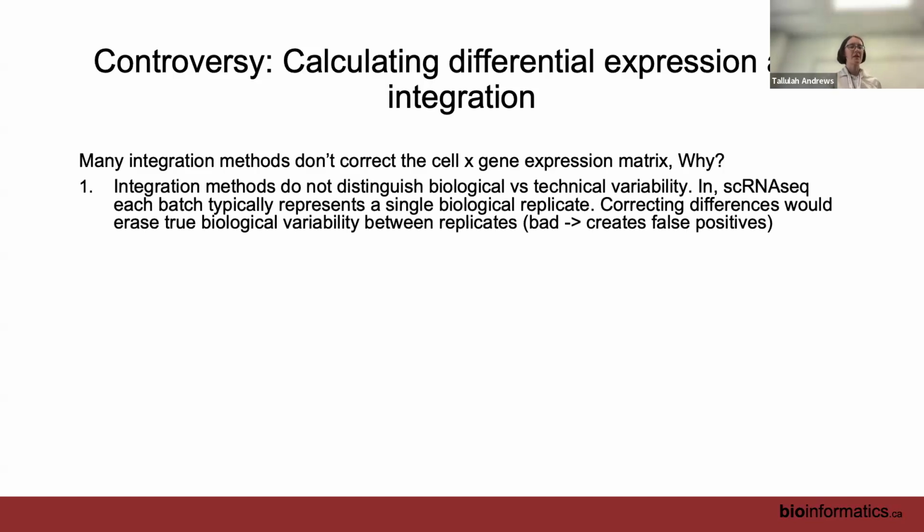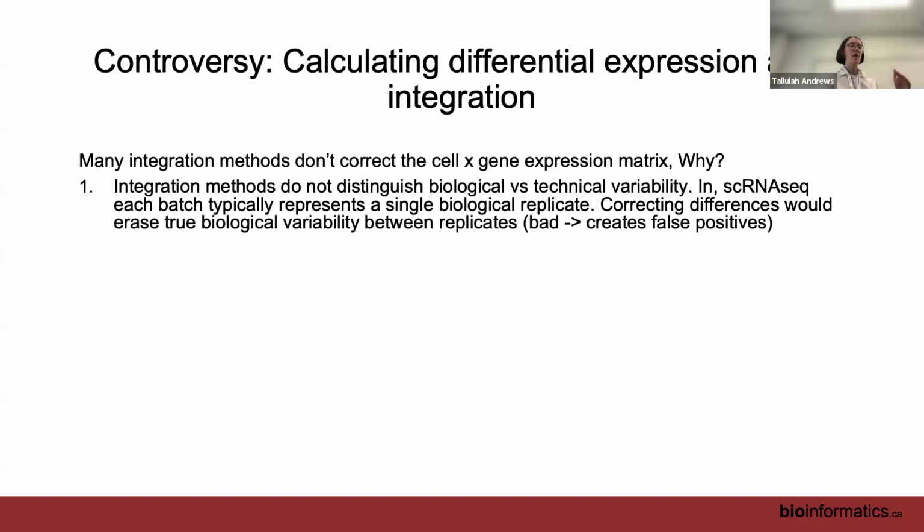This means that in single-cell RNA-seq, because our batches typically also represent a single biological replicate, you can't tell apart what's a batch effect and what's a difference in the biology, right?